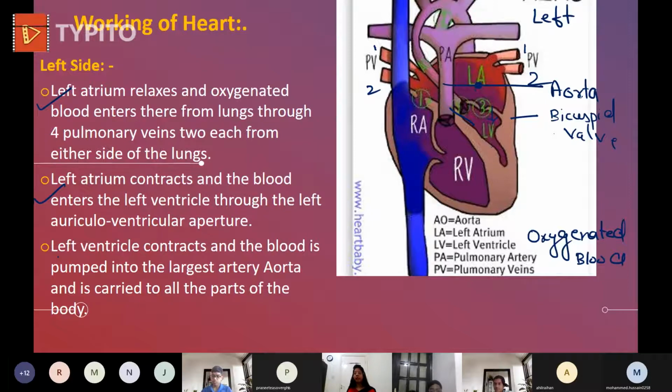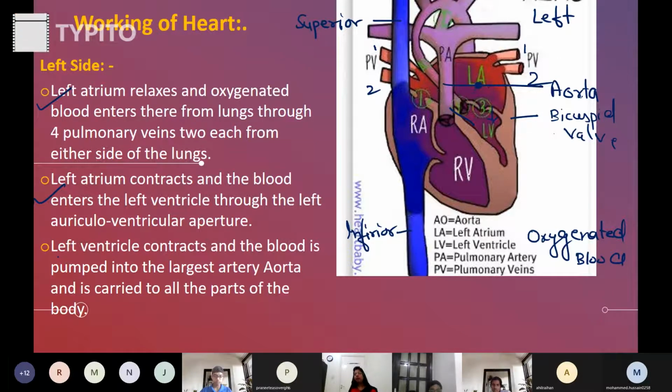Let's begin. In the beginning, both the auricles are in a relaxing state. At that time the right auricle receives the deoxygenated blood by the superior and inferior vena cava, and the left atrium receives the oxygenated blood by pulmonary veins.